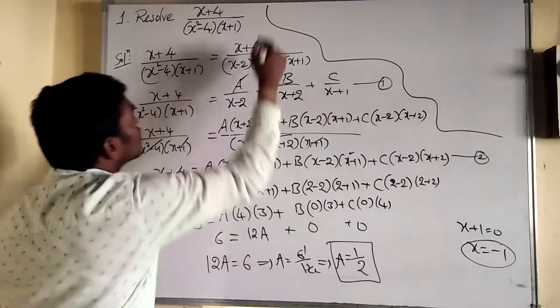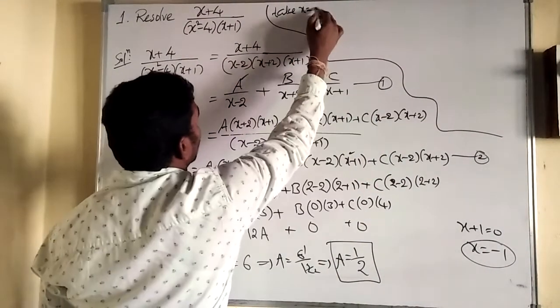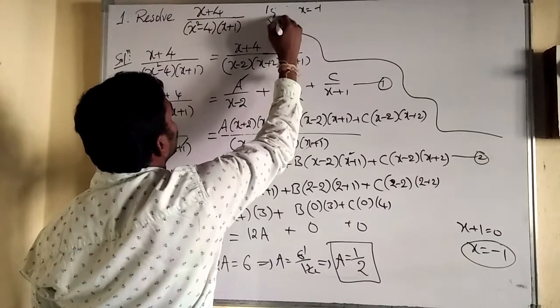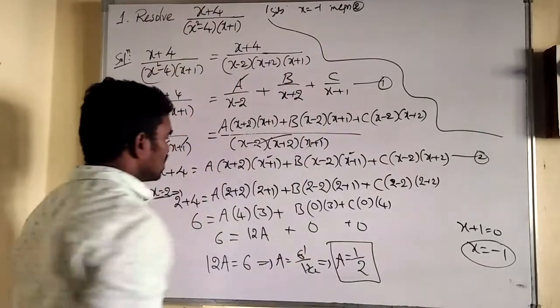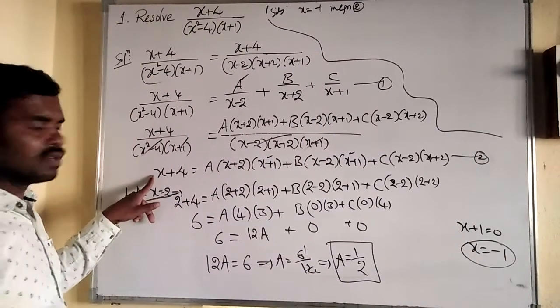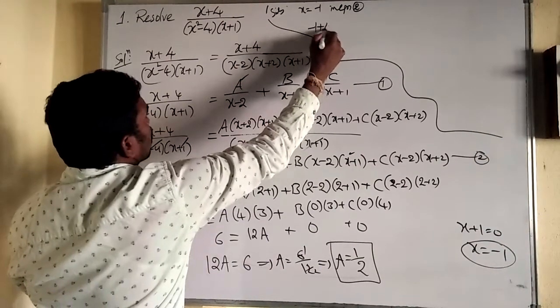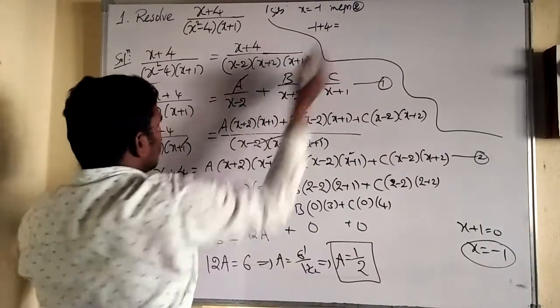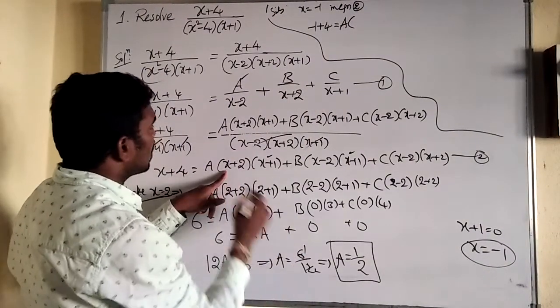Next, take x equal to minus 1, or substitute x equal to minus 1 in equation 2. So then equation 2 becomes: x means minus 1, plus 4, is equal to capital A times (x plus 2) into (x plus 1). What is the x value?